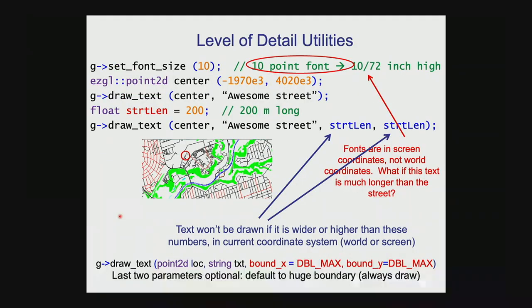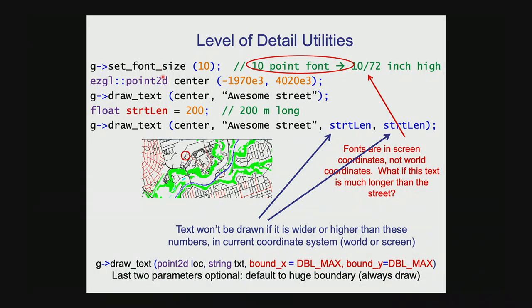Okay, so let's say in this case we specify that the street length is 200 meters long, for example. Then we pass this 200 meters to this drawText function. ECE297 will take that 200 meters and transform it to pixels at each zoom level. So at the zoomed out level, maybe this 200 meters is around 1 pixel, okay?